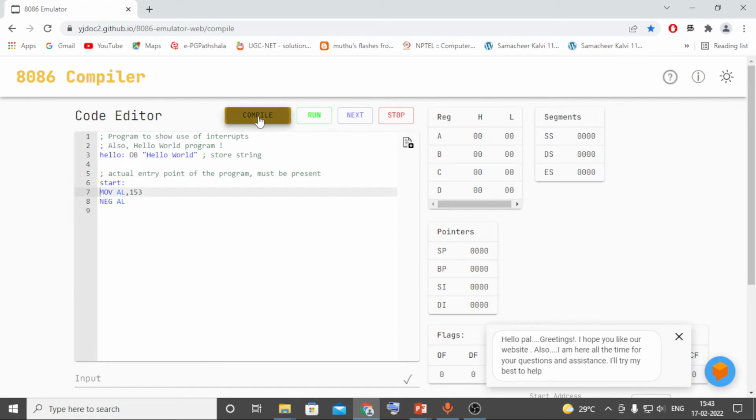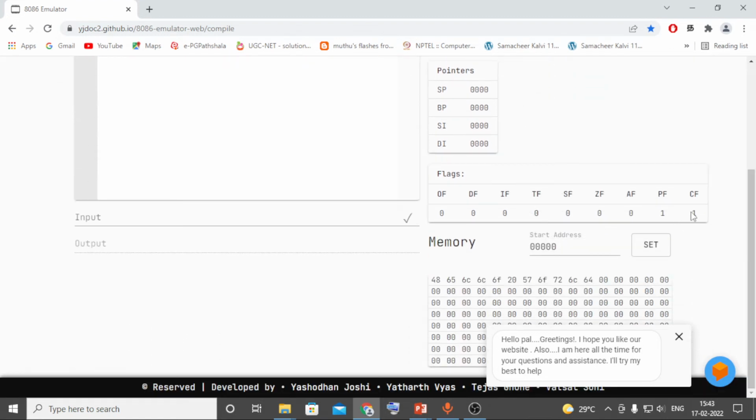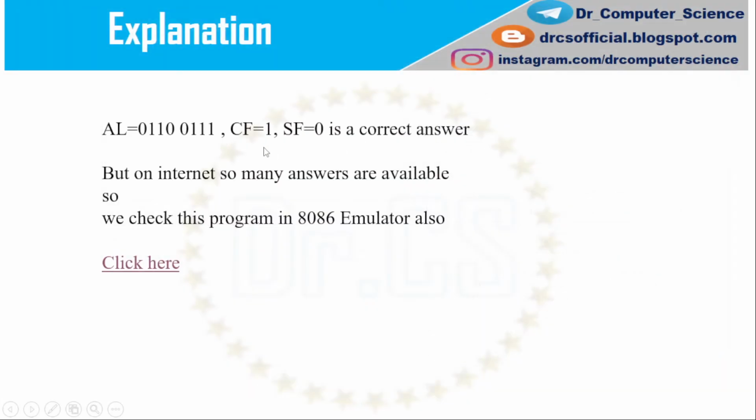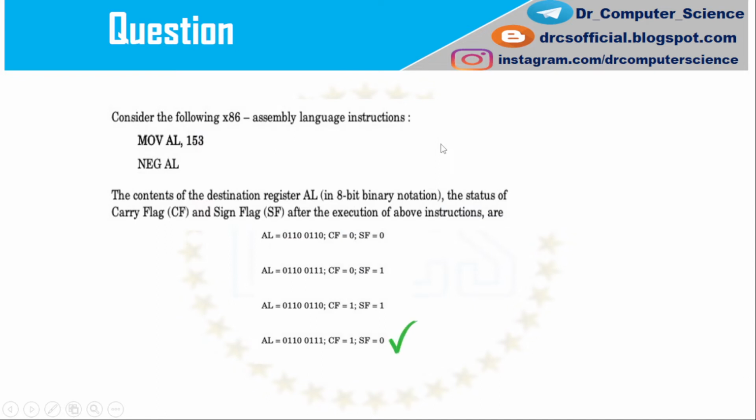When we compile this, we get carry flag is 1 and sign flag is 0. So carry flag 1 and sign flag 0 is the correct answer. AL equals 0110 0111, CF equals 1 and SF equals 0.